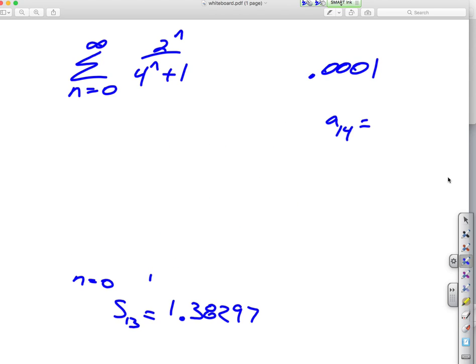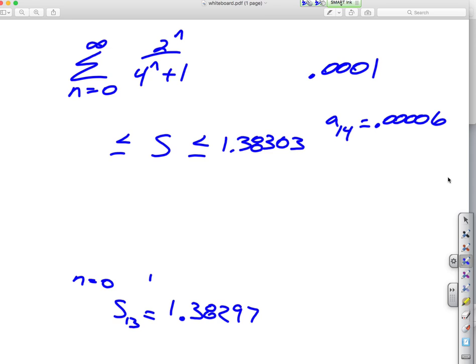Point 4 zeros. Then a 6. So that means the actual value, I add 4 zeros and a 6, so that's 1.38303.